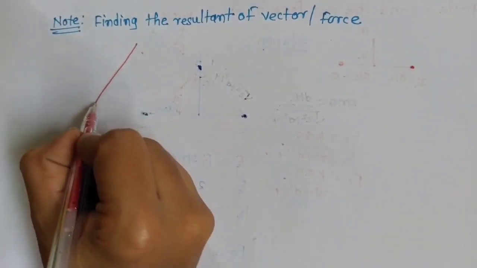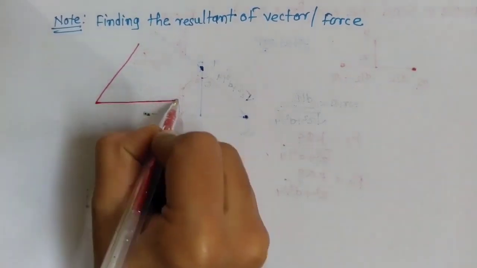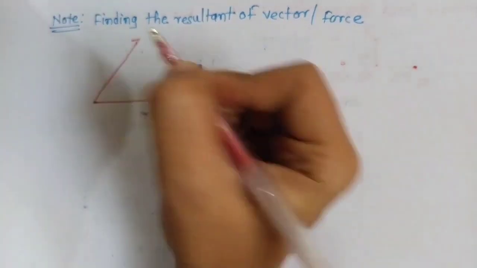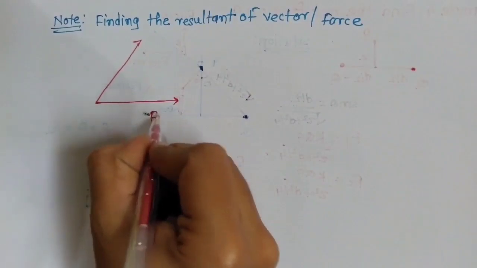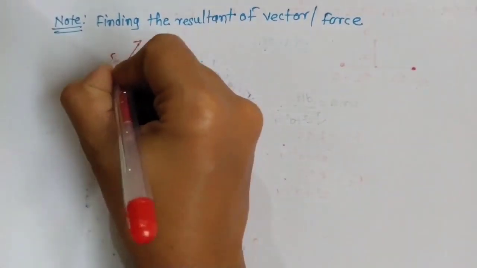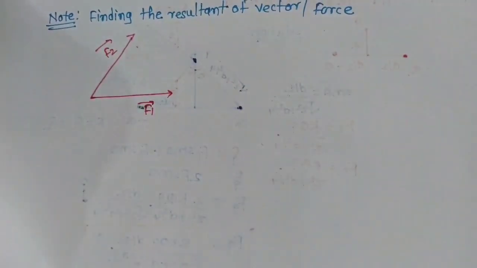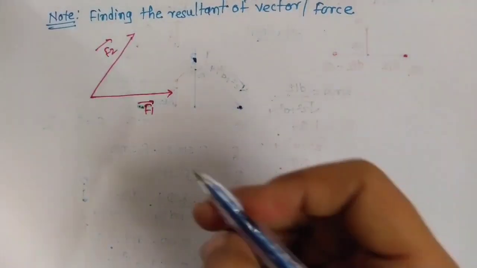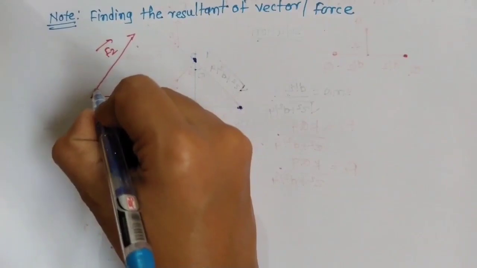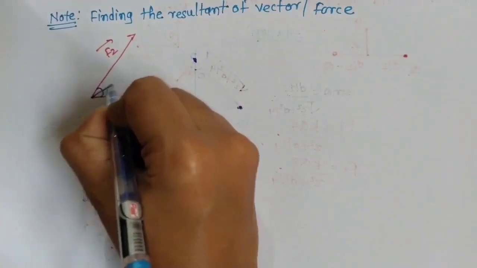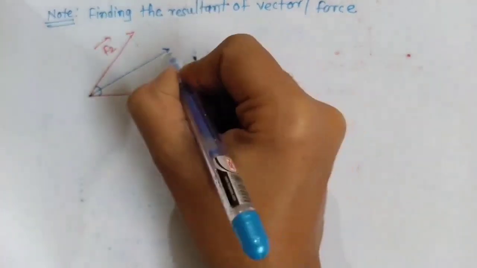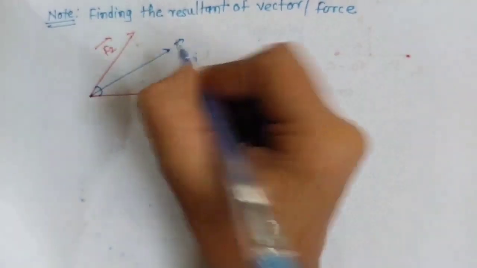This is useful in solving application-oriented problems in Coulomb's law or in magnetostatics. So we have two vectors F1 bar and F2 bar, and we have to find the resultant vector. The two vectors make an angle theta. We have to find F bar.